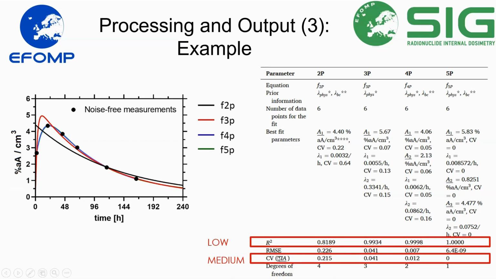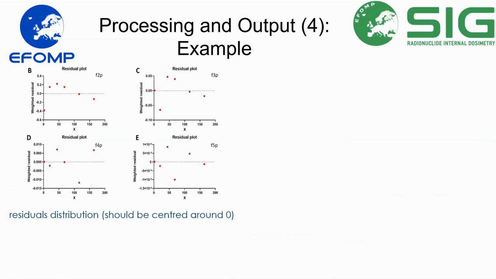So again, you can check the list in the table that I showed you before about the control type that we can perform for our fitting process. We can also check the residual plot, where the residual distribution should be centered around 0 and it should be random.